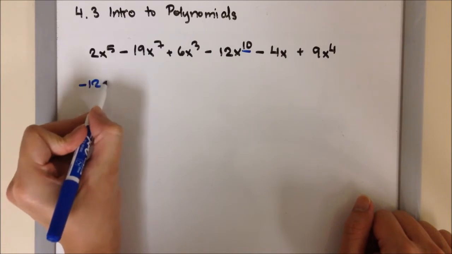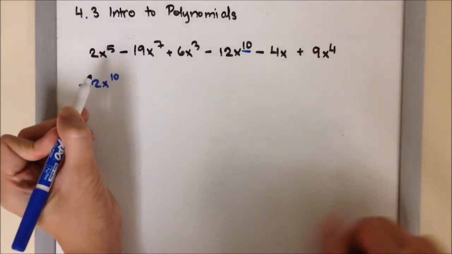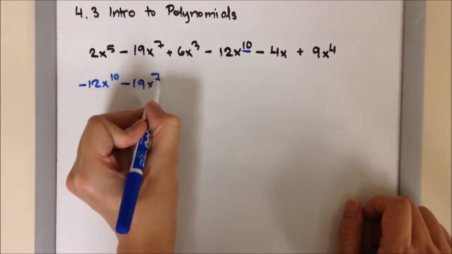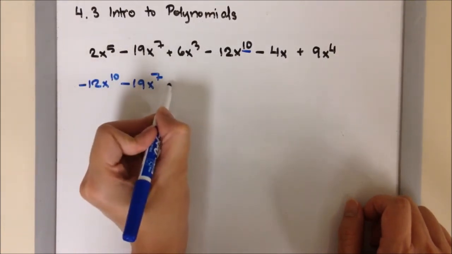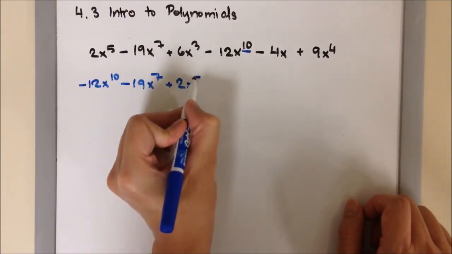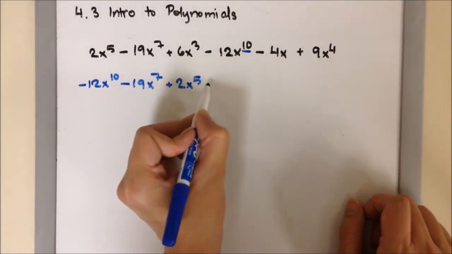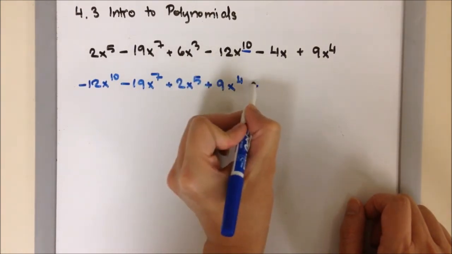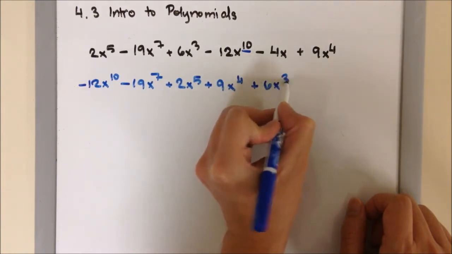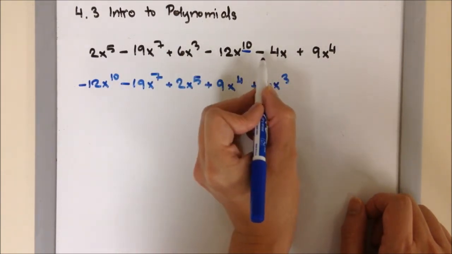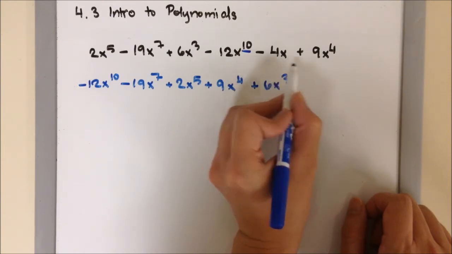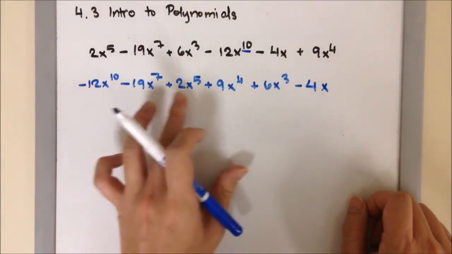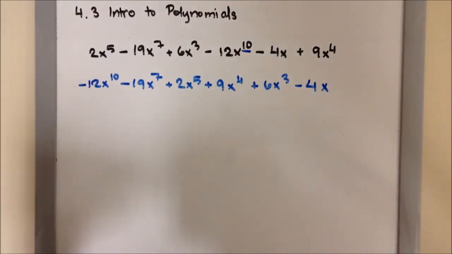So negative 12x to the 10th, and then what comes next is the 7th, so minus 19x to the 7th, and then the 5th, so plus 2x to the 5th, and then the 4th, so plus 9x to the 4th, and then the 3rd, so plus 6x to the 3rd, and then the x, so minus 4x. So 1, 2, 3, 4, 5, 6. Alright, so we got 6 terms.